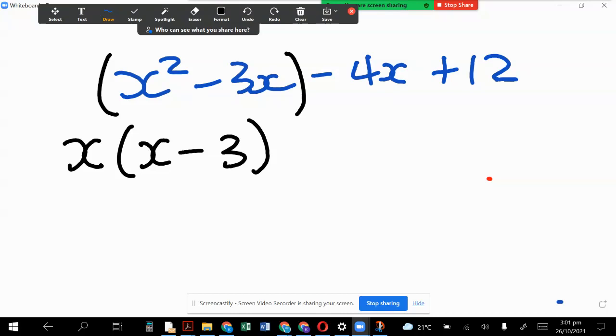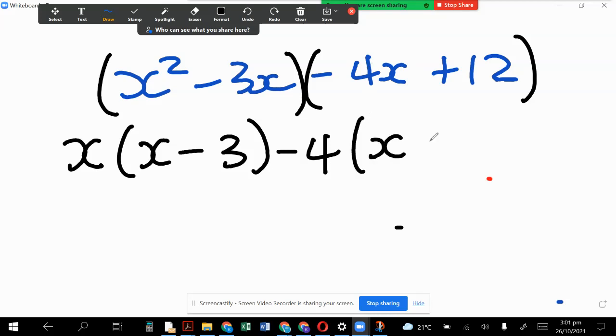So I'm factorizing the first two terms. Then I put a bracket around here as well, and preferably take out the negative, and I can take out 4, because 4 can divide into each term, leaving you with x and 3 times the 12, but we have to be careful of the sign over here.